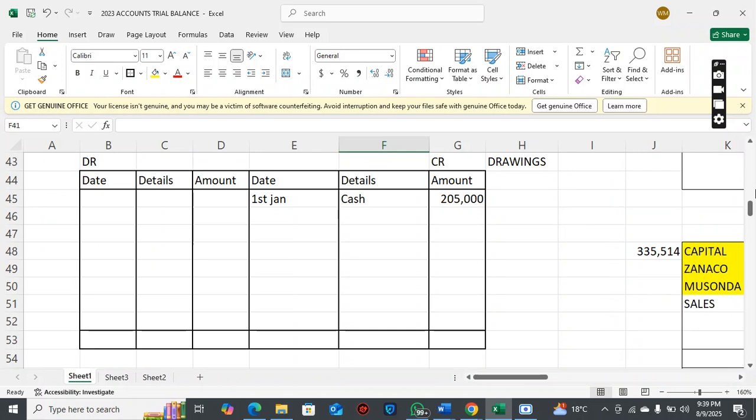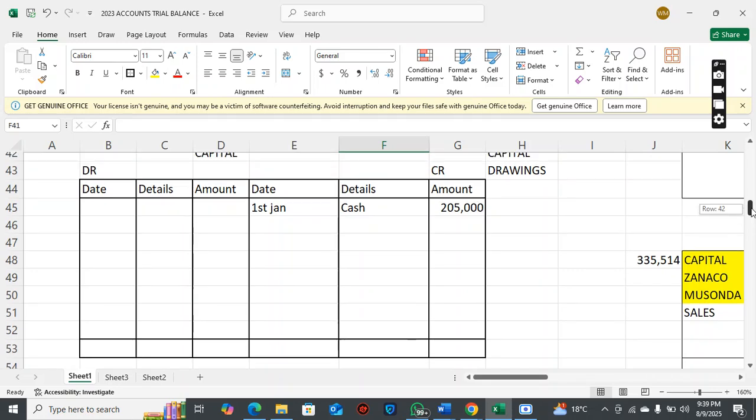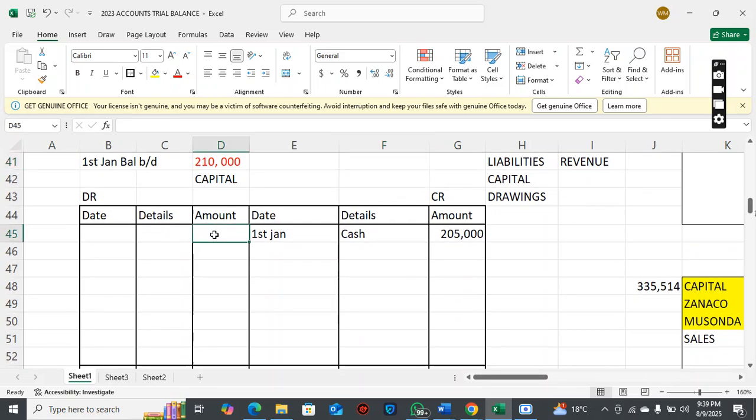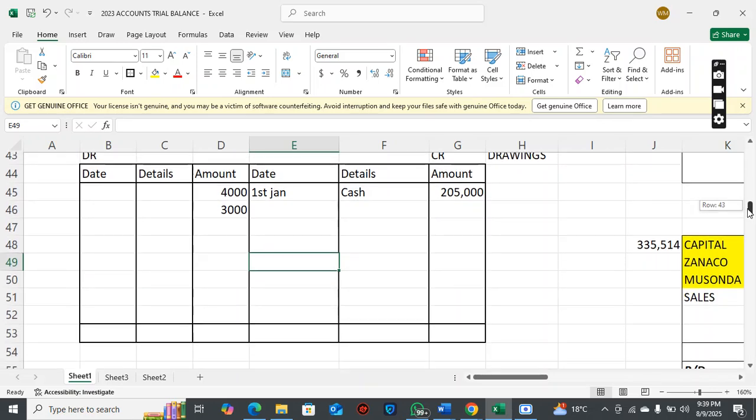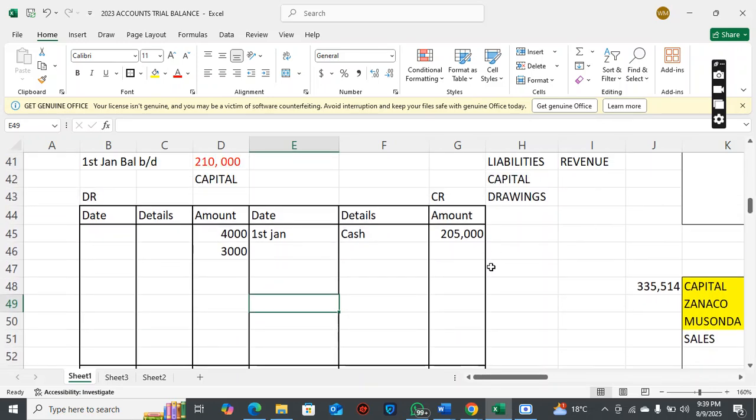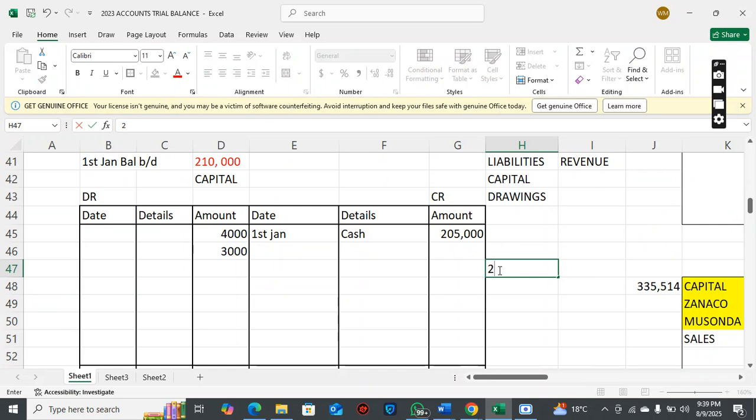Okay, now let's say, for example, the capital account. Maybe let's say we have another amount here, 4,000, 3,000. We want to close the capital account. Again, you're going to say which one has got the higher side, debit or credit? We say the debit side, 205,000.